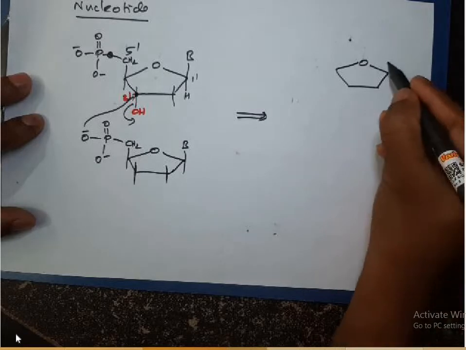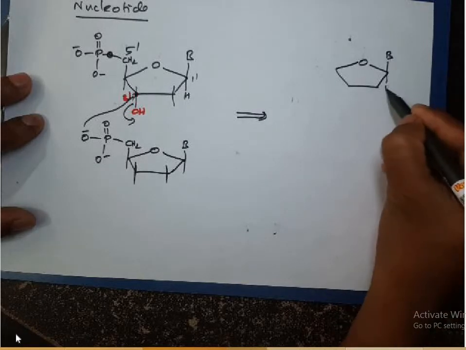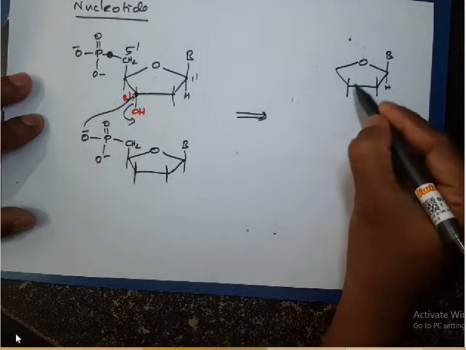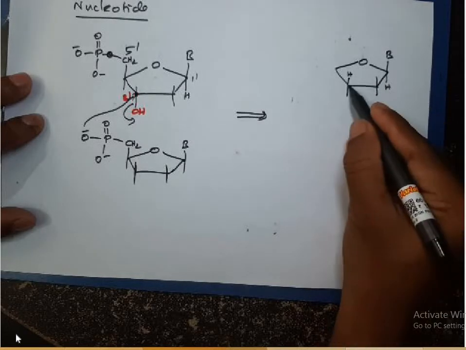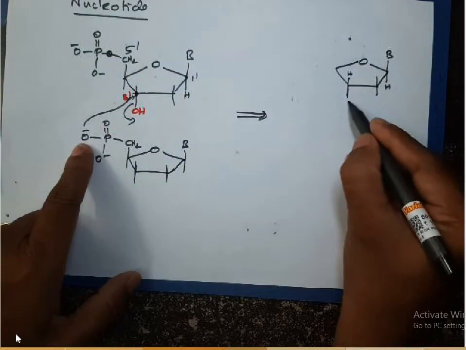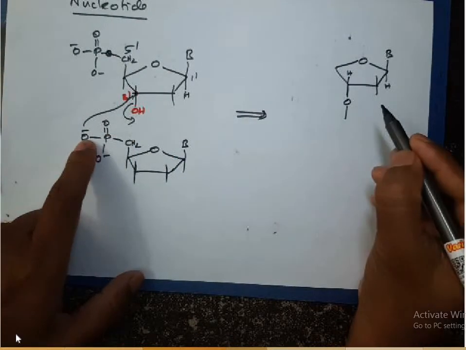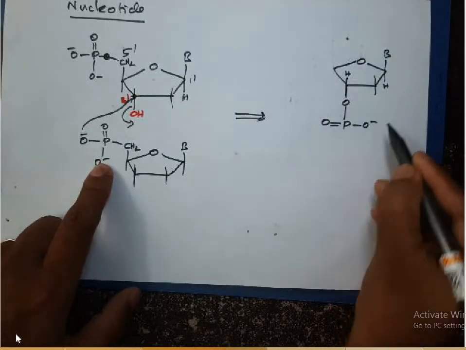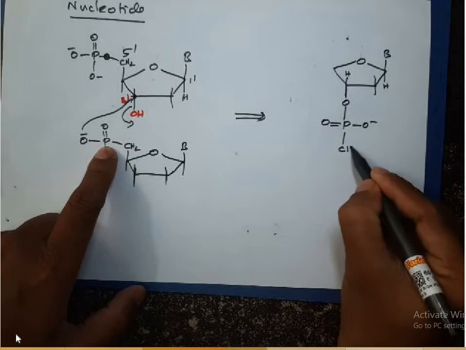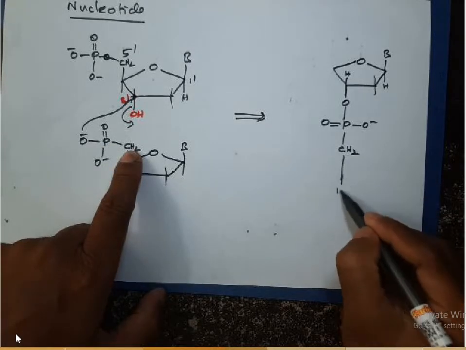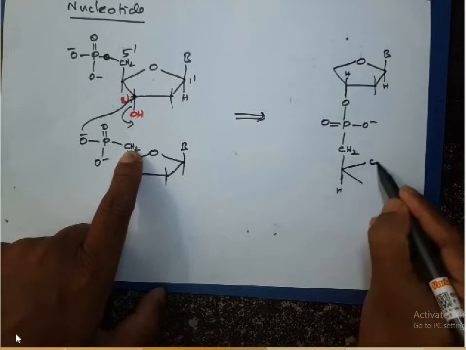It's a pentose sugar. Here we have a base unit. Second carbon. In third carbon, now we have hydrogen above. Now this OH group is removed and you will get a new connection with oxygen. And here we have P double bond O and O minus, and that P is connected to CH2 of this ribose, and that CH2 is connected to this pentose sugar.